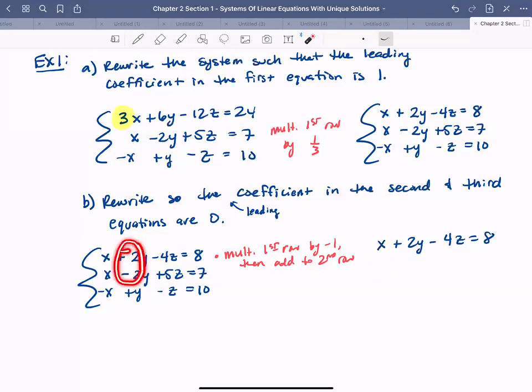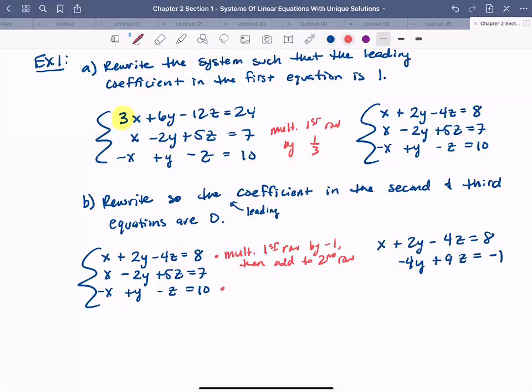So I have -2 plus -2, which gives us -4y. Next, I multiply this by -1, so I get +4, and +4 plus 5 gives me +9, so plus 9z. And then I'm multiplying this by a negative, so -8 plus 7 gives us -1. So that's what I've done. I've transformed that second equation into what we have written.